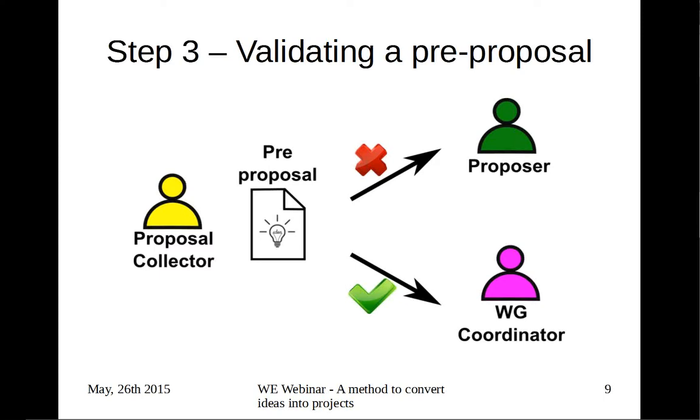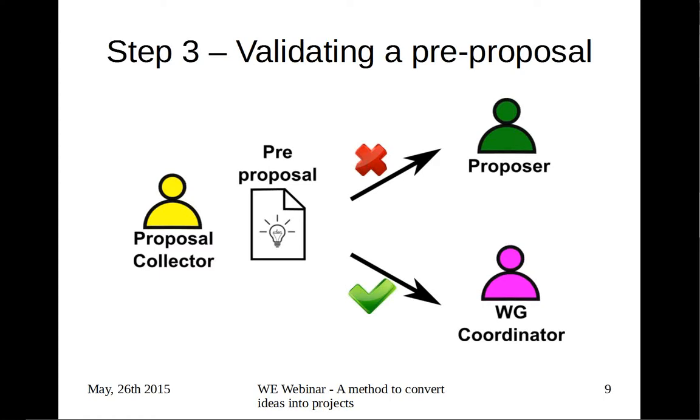So you have all the context: where the member is, what the member has been doing, why the member needs what they need, and what the objective is. And then we see that the objective has something to do with wind empowerment. It's not, let's develop a new solar panel or something like that. The proposal collector sees if there is enough information.